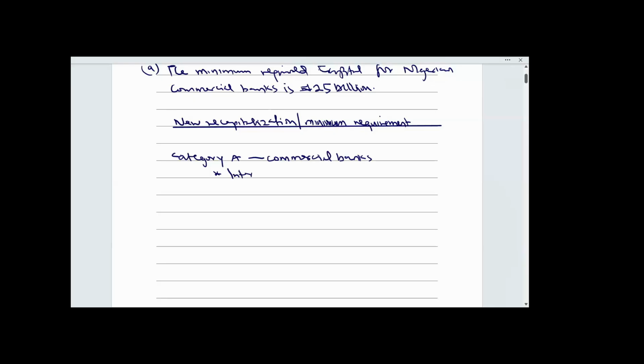For international authorization, the minimum requirement is 500 billion. These are the first tier banks like GTB, Zenith, UBA, Access Bank. Those are first tier banks in Nigeria. So the minimum requirement is 500 billion naira.